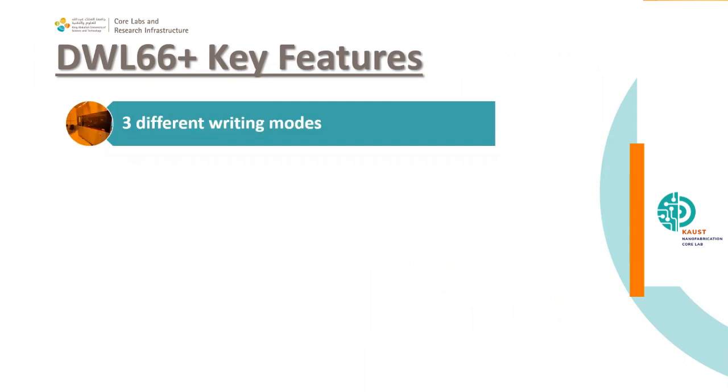These come with 3 different writing heads, and they have, of course, different capabilities that we will see later on. So we can achieve different resolutions and also different writing speeds. The better the resolution, the slower the writing speed.